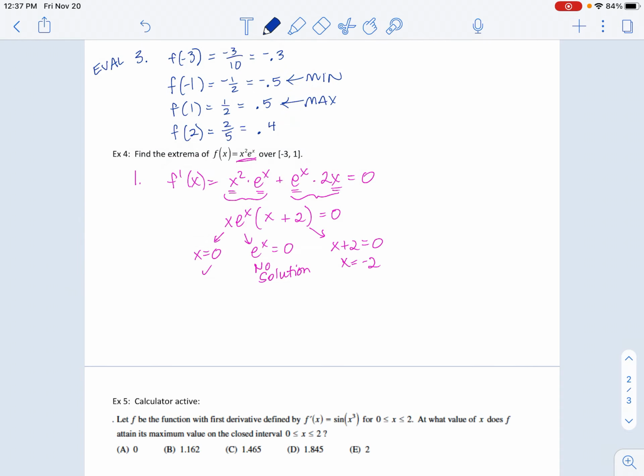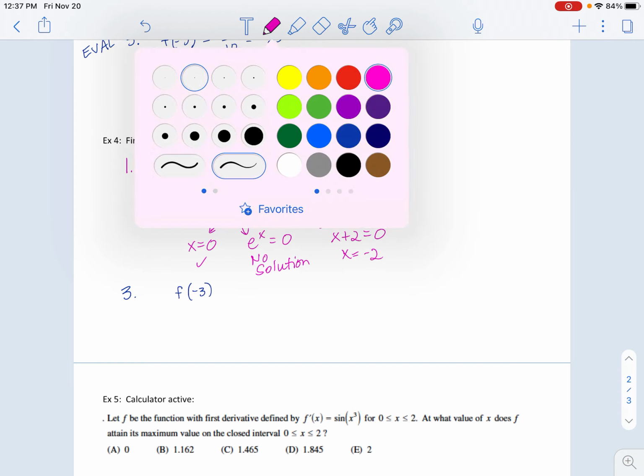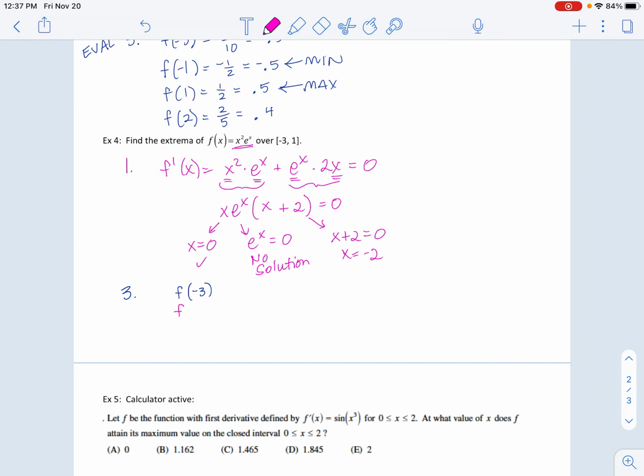Step 3 here is to go ahead and evaluate all these. Let's use the endpoints, then the criticals, and then the other endpoint. Order really doesn't matter there. Let's make these calculations.